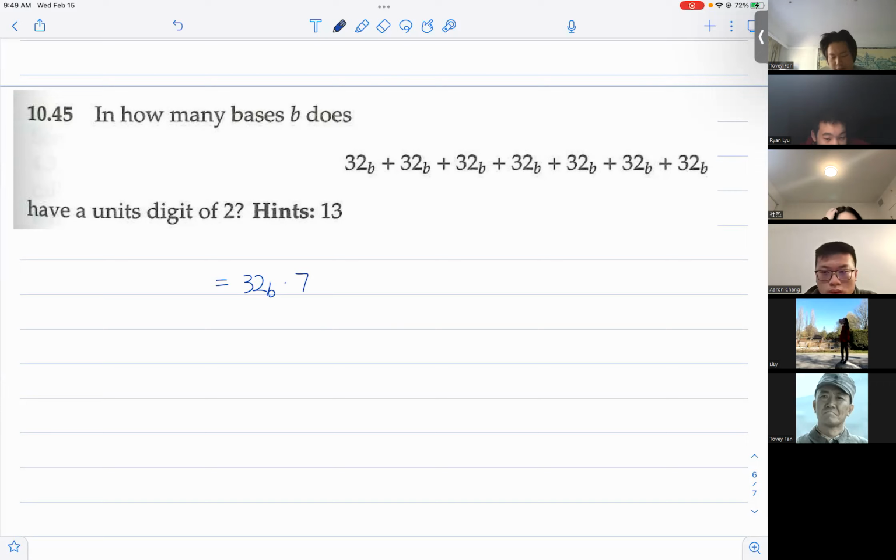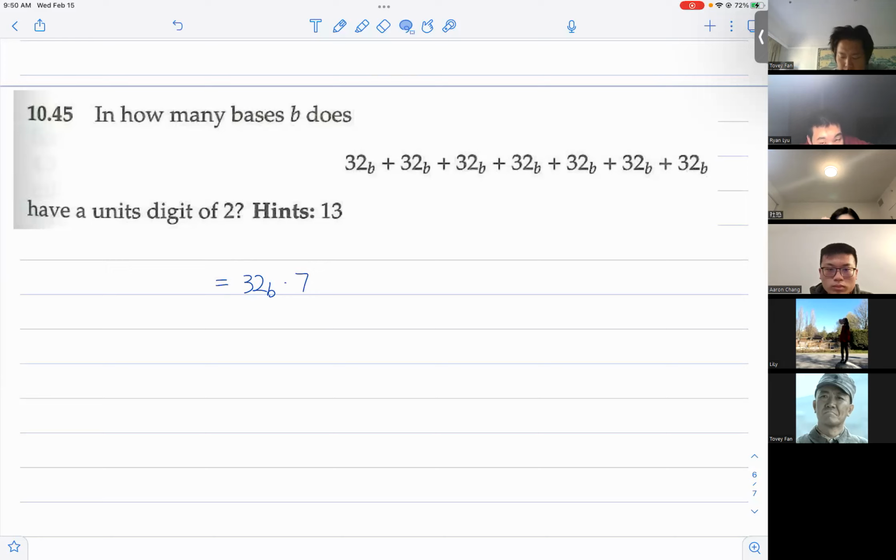You want to get a unit digit of 2, right? And for units digit, you don't have to consider the 3. In how many bases B does this have a units digit of 2?